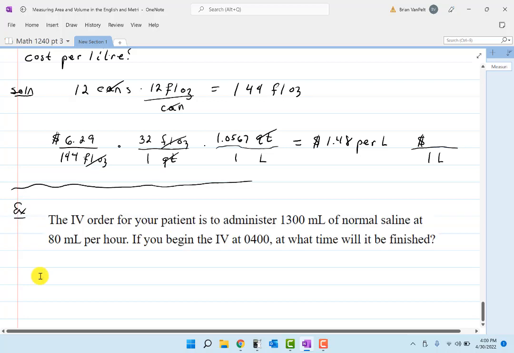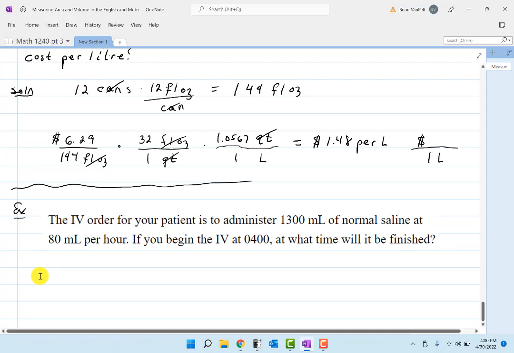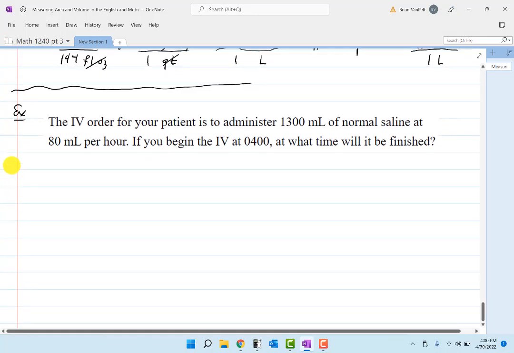Here is a problem that I'm giving that is out of the textbook. And this is a typical style of problem that nursing students will see and they have to deal with. This is an IV order for a patient, and they're going to administer a total of 1,300 milliliters of saline, but they're going to do it at 80 milliliters per hour.